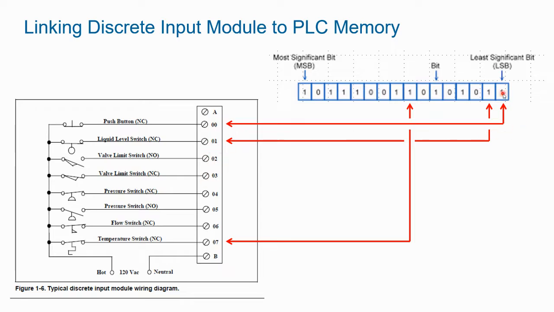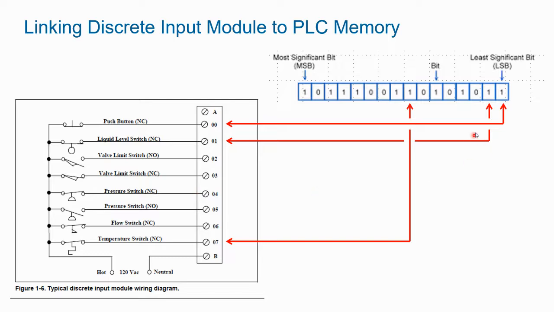So for me to reference this in the program, I have to understand where these bits are. What's the mapping? We'll call it the mapping. Like, where is this pressure switch wired? It's wired to input labeled 4, but that's input 5 physically on the card. I got to know, well, where in this string of bits do I want to point my program to read the value of that pressure switch state?